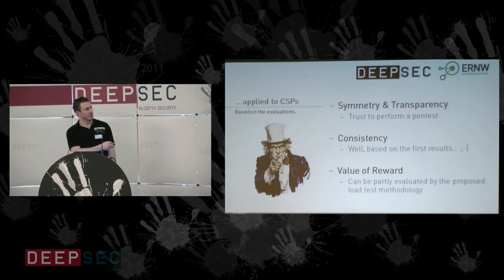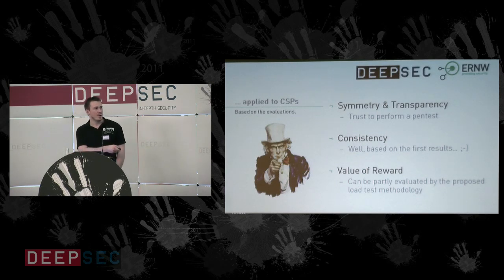So the cloud service provider we evaluated was transparent and also trusted us, but the results from this transparency and symmetry directly affected the consistency of the cloud service provider. And a last part is the value of reward. What do we get out of trusting the cloud service provider? And this can be partly evaluated following the introduced load testing approach that I proposed.